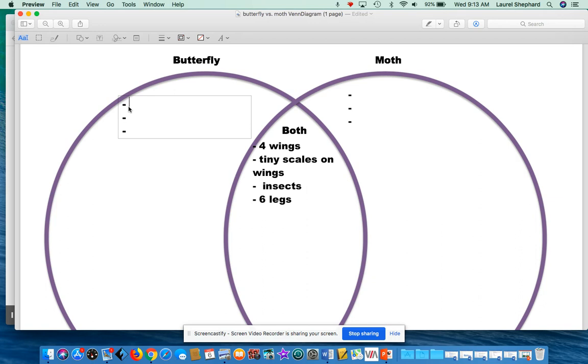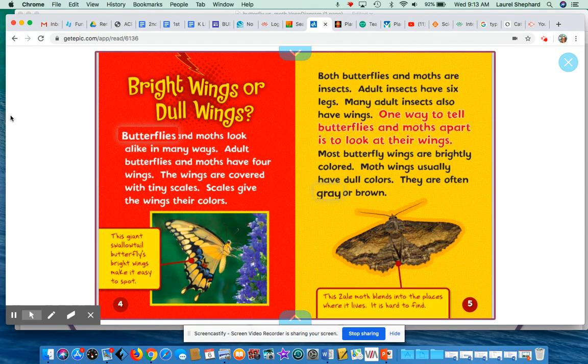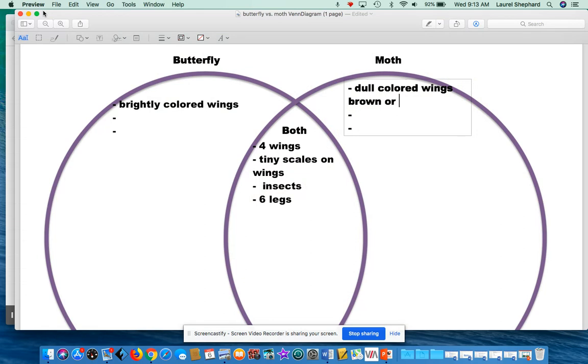And for butterfly, I'm going to say brightly colored wings. But for my moth, I'm going to need to say dull colored wings. And if I wanted, I could even add the word brown. What else did it say? I need to go back and double check. Gray or brown. So I wrote brown, so I need brown or gray. Okay?